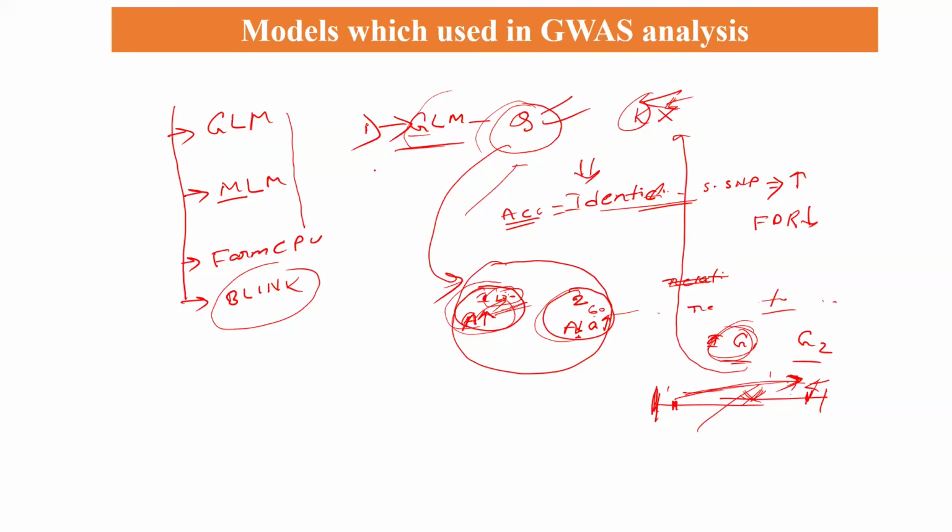But in the GLM, only the Q matrix is used, but the K matrix is not used.